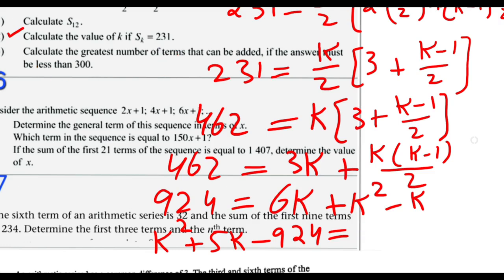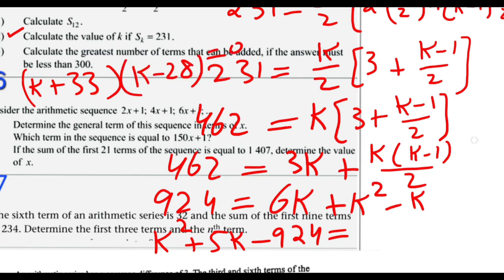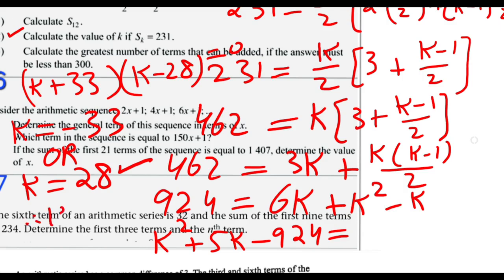So therefore (k plus 33) and (k negative 28). These are the two factors equal to 0. So solve for k here. k is equal to negative 33 or k is equal to positive 28. So these are the possible solutions for k. Since k represents the number of terms, it must be a positive integer. So we can't use the negative one. So my final answer is k is equal to 28.